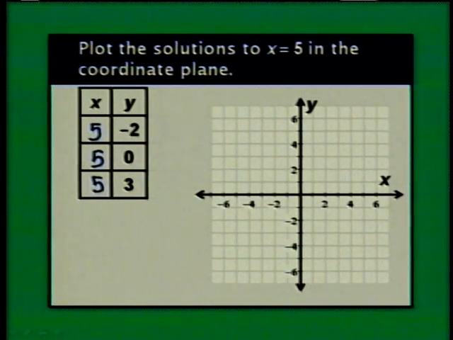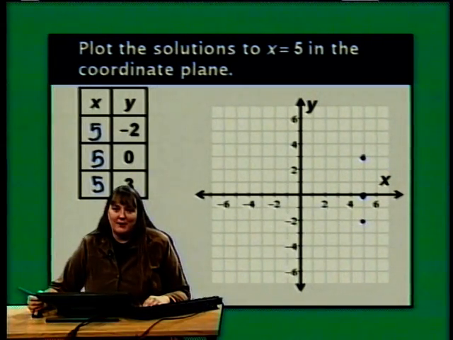So let's plot these points. 5, -2, 5, 0. There's my point on the number line, the x-axis in this case, and 5, 3. What do we notice about these 3 points? Well, hopefully we notice that all 3 of these points lie on the same vertical line.